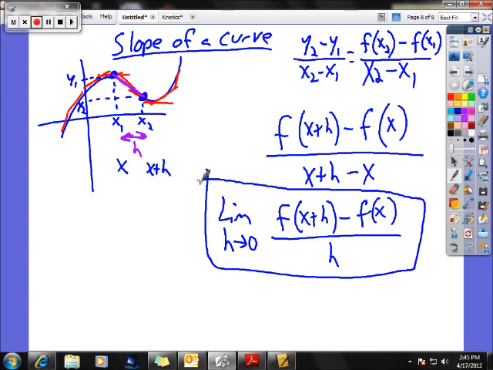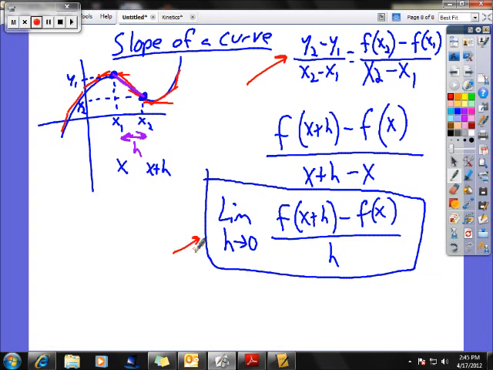The limit as h approaches 0 of all this stuff gets the slope at one point, but it comes directly from this. So when you see something real complicated like this, understand where it comes from, and that's going to help you in the long run. This and this are really the same thing.